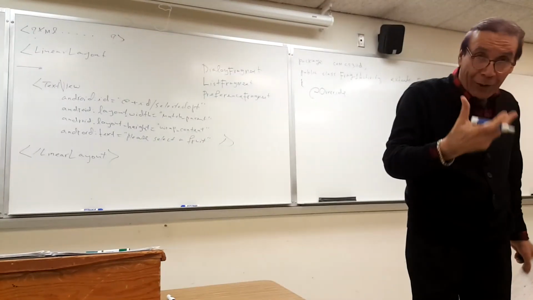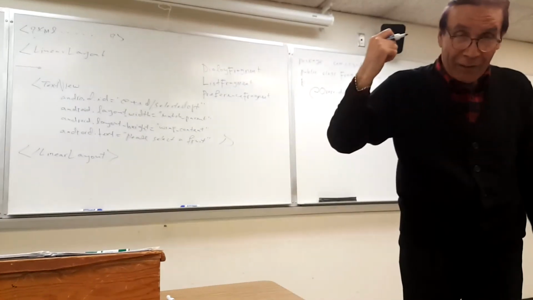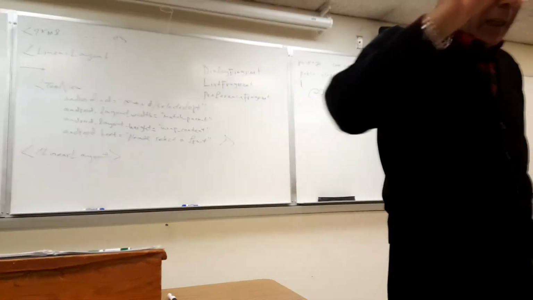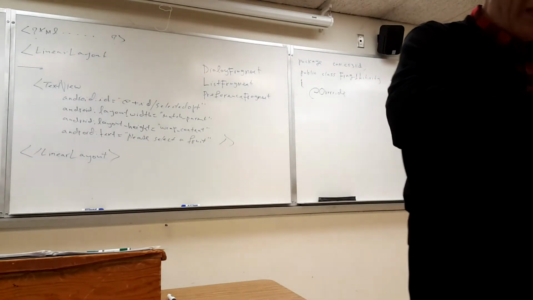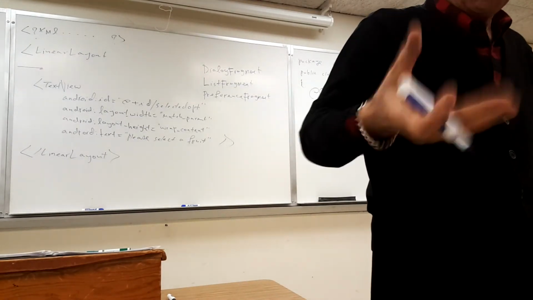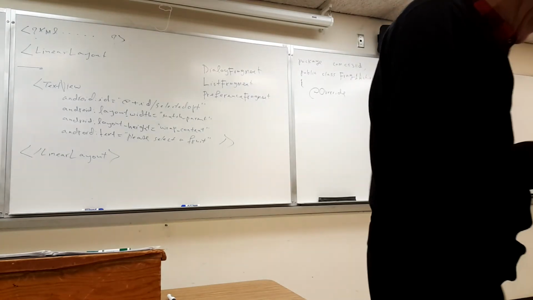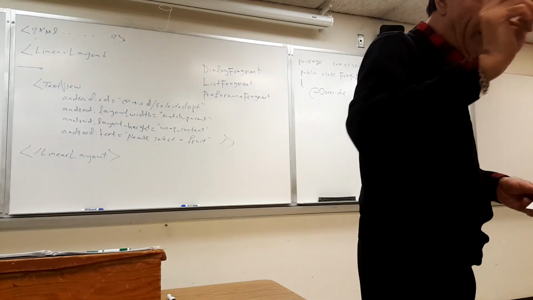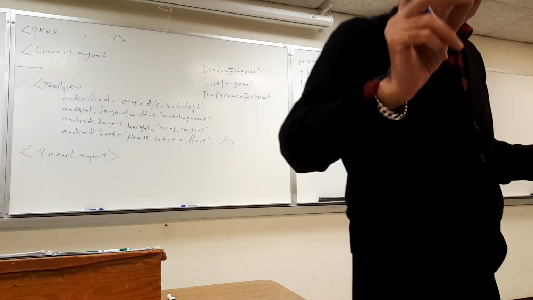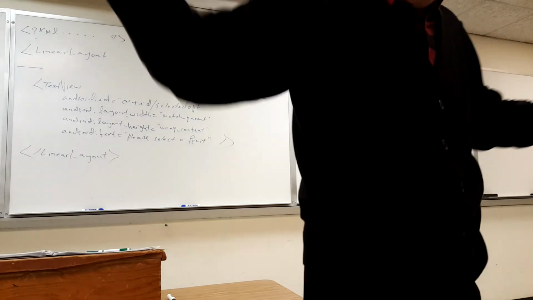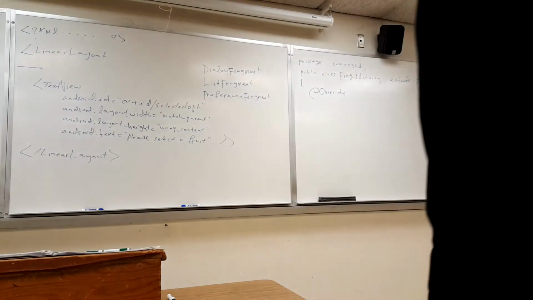This is very similar to activity, but that is fragment. At a minimum, if you do not want to override any of those callbacks, one of them should be overridden, and that is onCreateView. Because onCreateView is the callback that will be called when you bring your fragment to life.